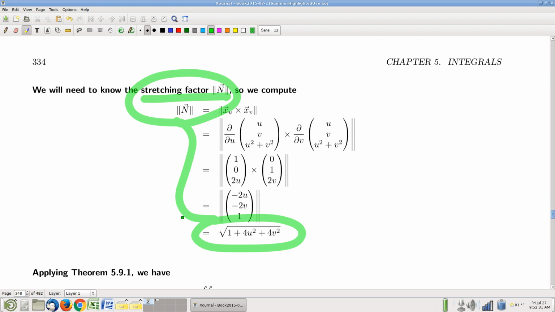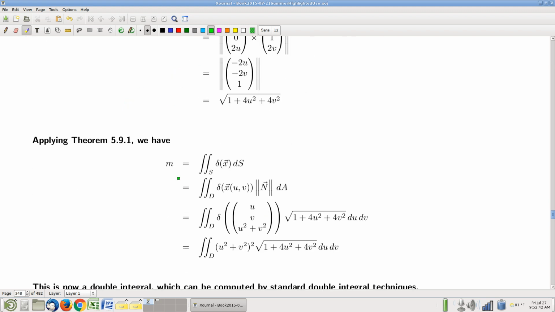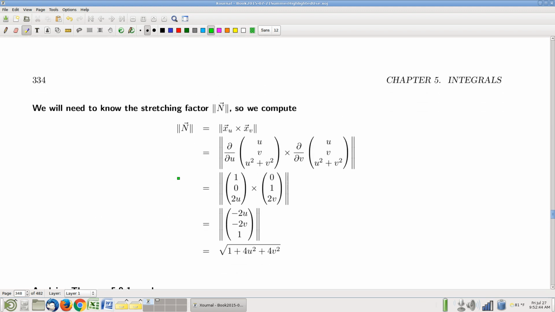How are we doing? Let me take a pause here. Anybody have a question? Everybody on board? Okay. Oh, yeah, please, go ahead. I have a question. Yep. Can you remind me again why x sub u and x sub v are the partials of those? Oh, that's just the definition. I mean, this subscript of u means take the partial derivative.